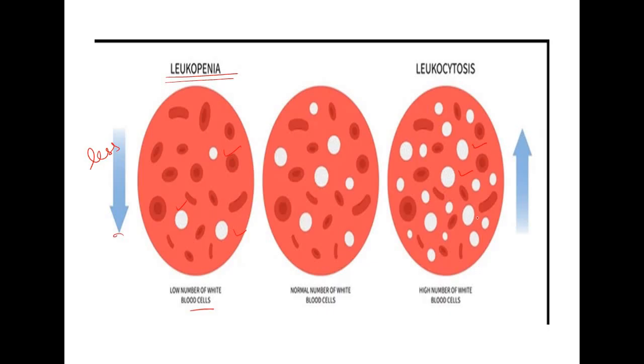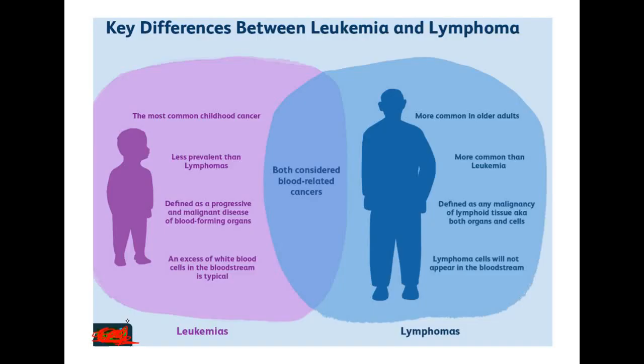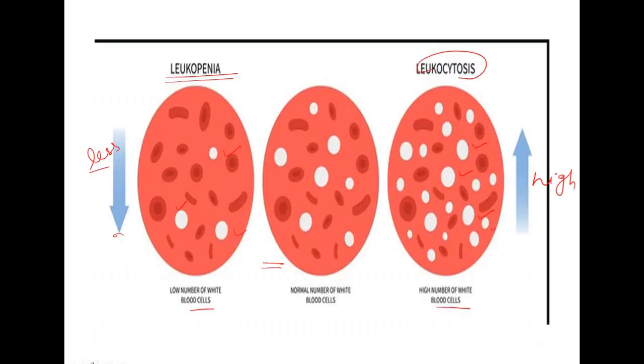You can see a large number of leukocytes in the blood, a high number of white blood cells. This is leukocytosis, that is high, and this is low, and this is the normal number of leukocytes.